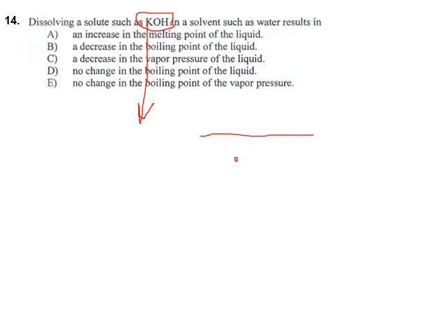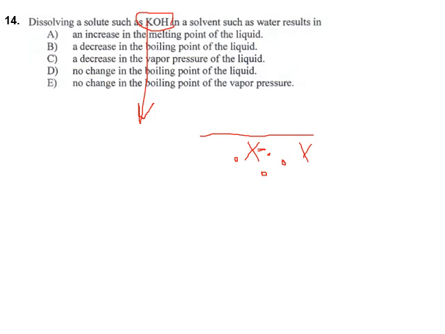Like if these little dots that I'm drawing are the waters, then if you put some kind of a solute in there, like let's make X's here, the X's not only kind of block access to the waters to get out, but they also attract the waters, especially something like KOH, where you have a completely positive charge on the potassium and a completely negative charge on the OH minus.